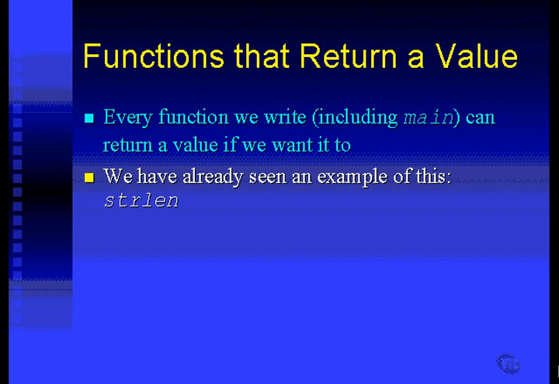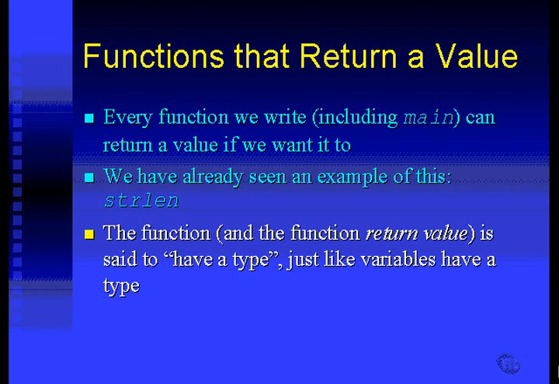Okay, so before we can actually go about coding this, we have to get some terminology right. We say that the function has a type, just like a variable has a type. When you declare a variable, you declare it to have a type of, say, integer, or float, or double, or char, or anything you like. Well, it works exactly the same way with functions. When you declare a function, you also have to specify the type of the function.